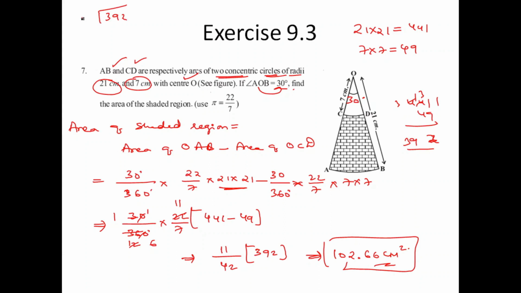392 divided by 42. So this is clear. So 42 into 6 is 12, 24 and 25. 42 into 7 comes out to be how much? 14, 28 and 29. So I think we're almost there, right? Let's look at it: 9, 18, 36 and 37, right? So this would be your answer. So 9s are up to 378.